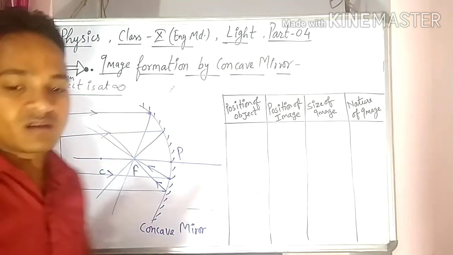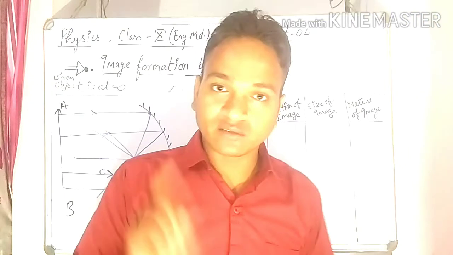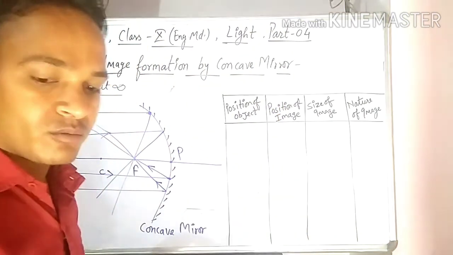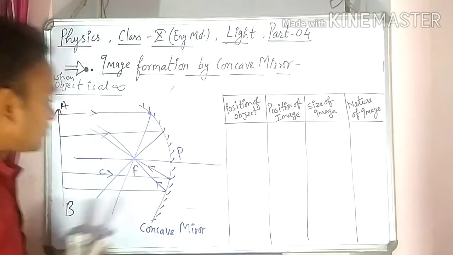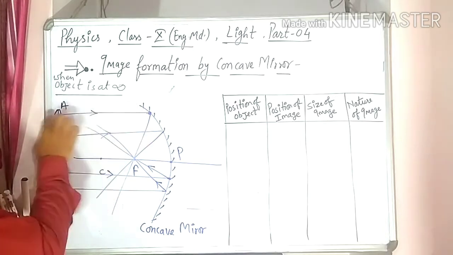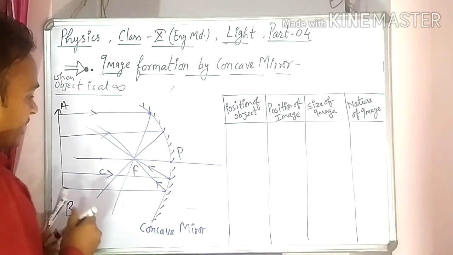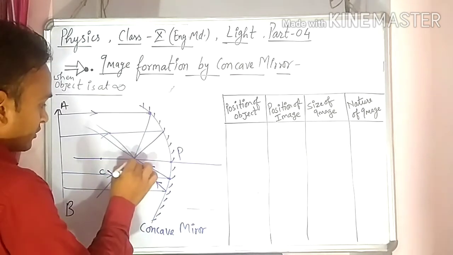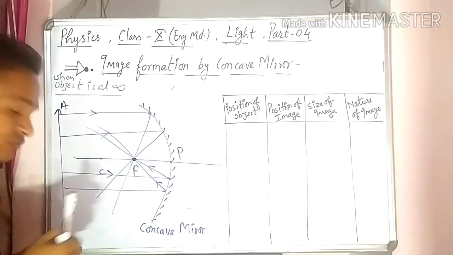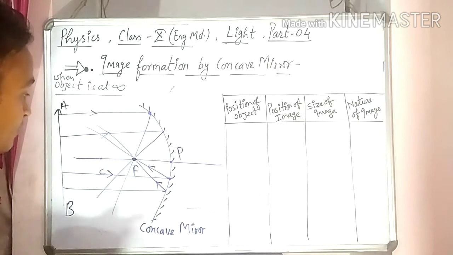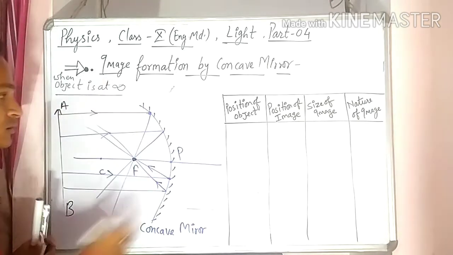That means when the object is at infinity, the rays of light actually meet at a point of focus, which is known as the focus point.